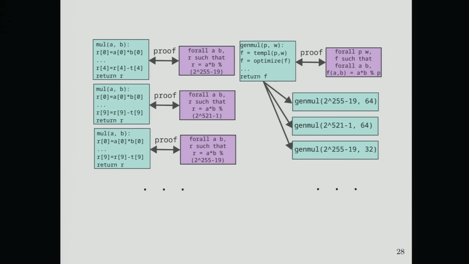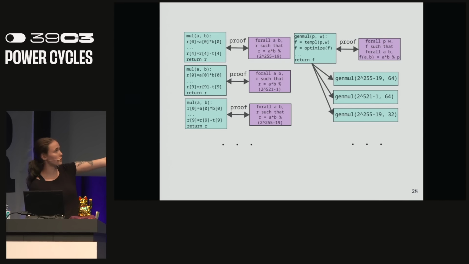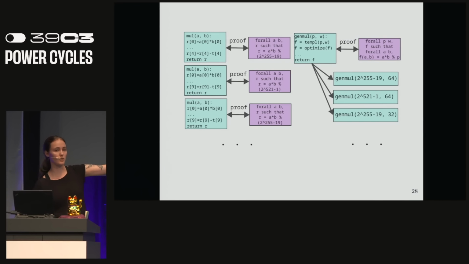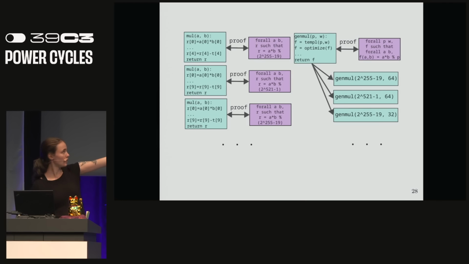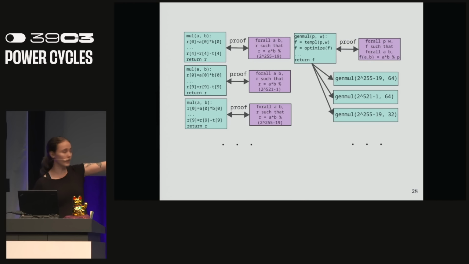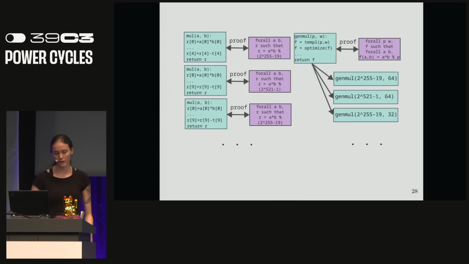So now we have a much more complicated proof, but we have a much stronger statement. And an interesting thing to point out here is that you don't actually need the proof tools to generate the specific multiplication functions. By the time you've written this code generation code, you can get rid of the proof tool entirely and you're still covered by the proof because it applies for all moduli.